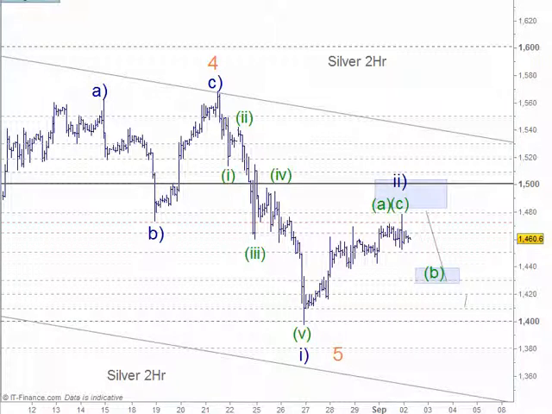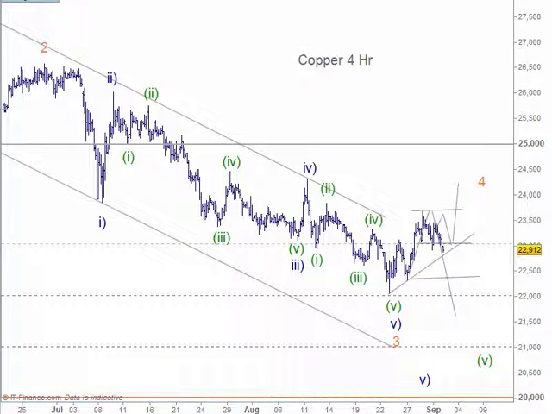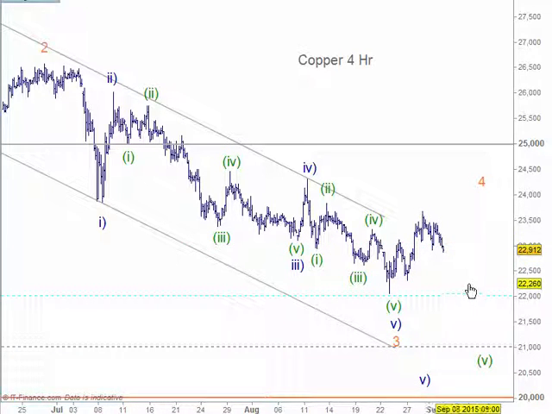We'll just have a look at copper here. Okay, so still no answers here just yet. Wouldn't worry too much about that.